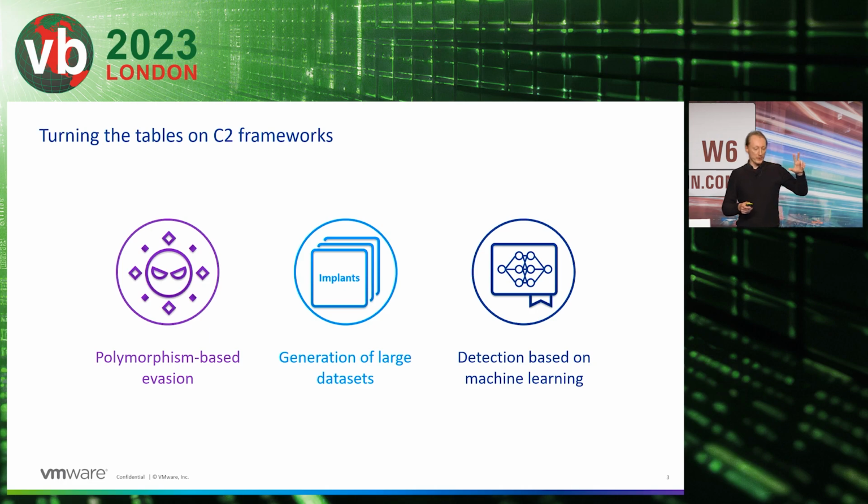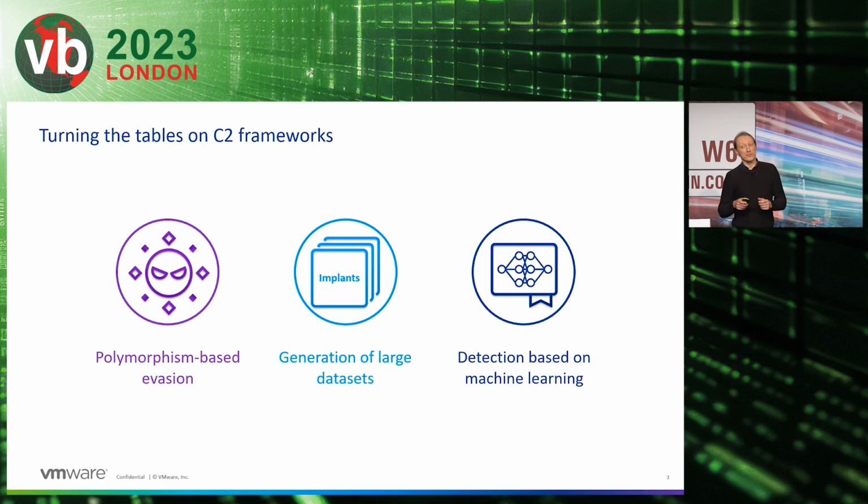I have 3 points. Polymorphic evasive implants, generation of large-scale databases of those implants, and machine learning-based detection. While work on detection of polymorphic executables has been done already, we haven't seen any research done on the polymorphic implants of C2 frameworks.